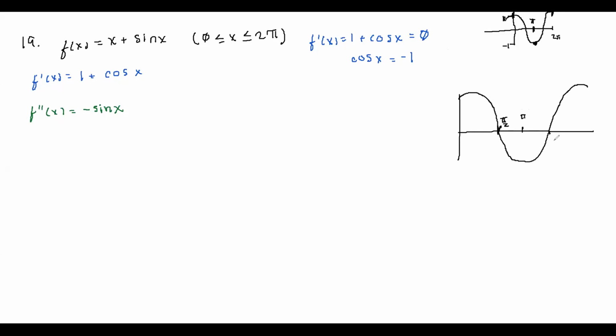This is 3 pi over 2. And this is 2 pi. So these are all of the major points along the cosine curve: 0, pi over 2, pi, 3 pi over 2, and 2 pi. So cos of pi is equal to -1.